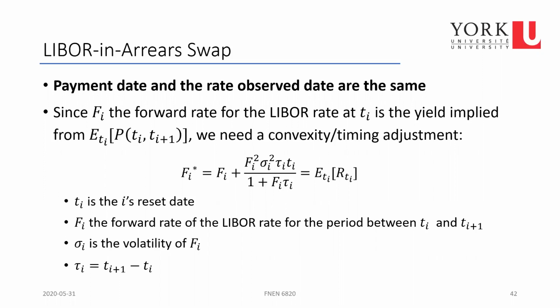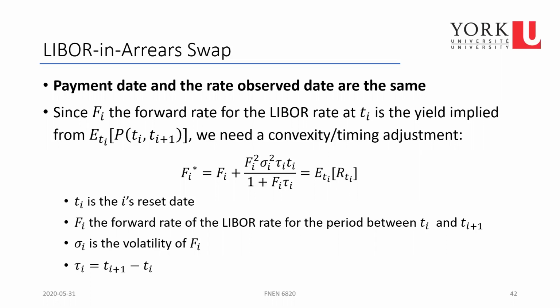For example, if you are setting a 3-month rate, then the actual payment is paid 3 months later, but according to the rate that was observed 3 months ago. Here, for this one, you observe a rate and you get paid right away based on that rate, rather than waiting for the next period.